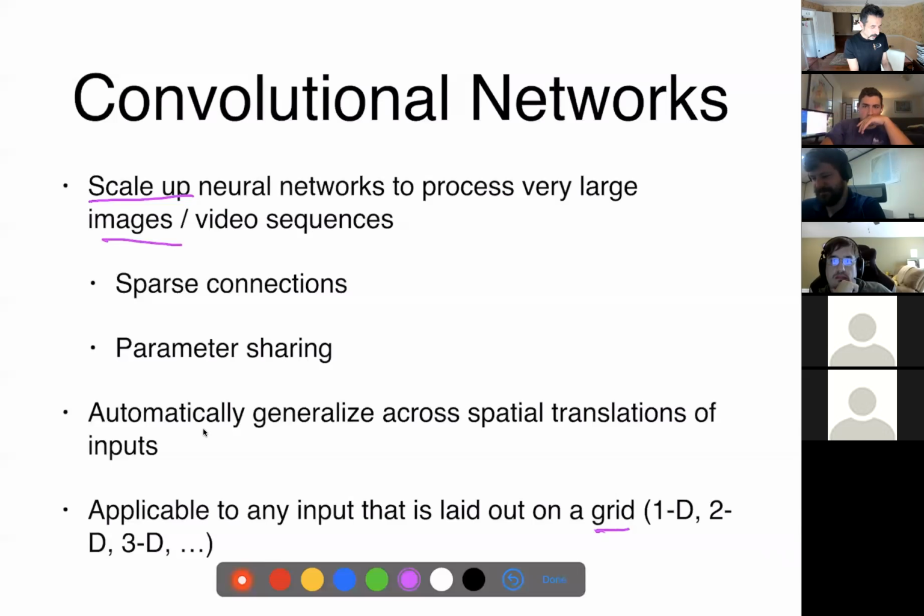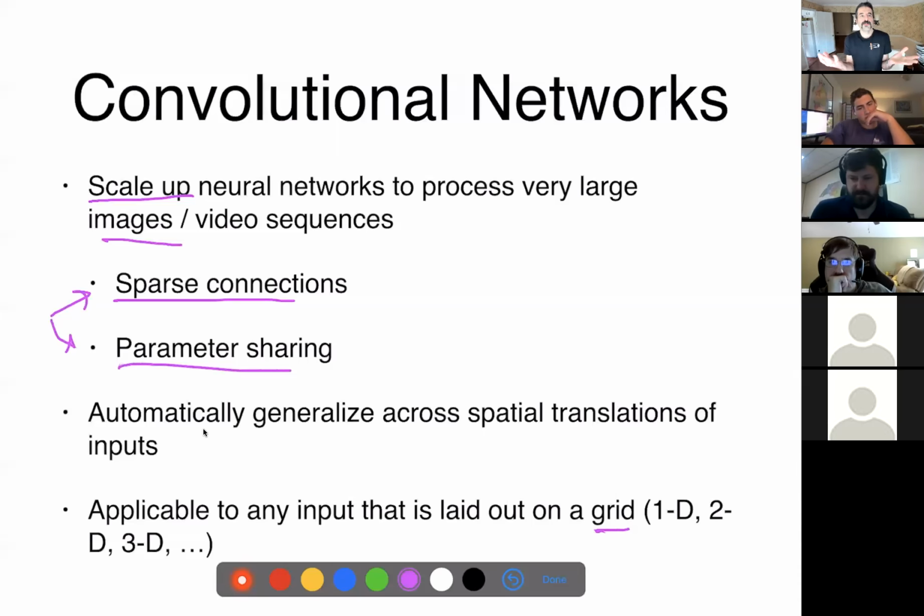And these two ideas, sparse connection and parameter sharing, enable that to be done very efficiently. These are two very simple ideas that we plan to discuss: what we mean by sparse connection and what we mean by parameter sharing.